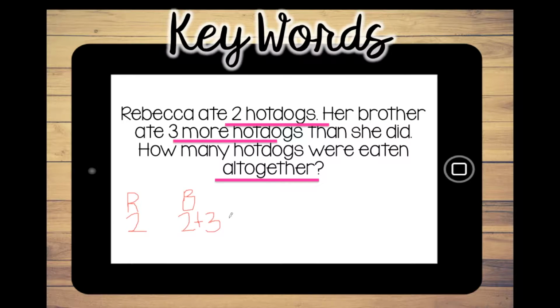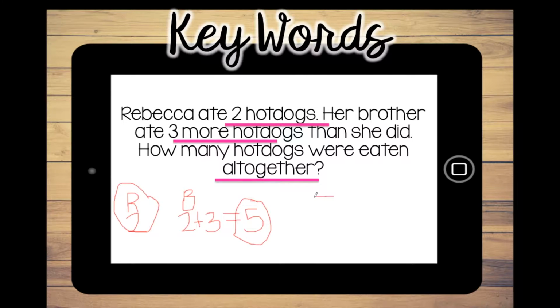But the question is asking us how many hot dogs were eaten all together. Not how many does brother have. How many did Rebecca and brother eat? So I have to find brother first. So I know brother has Rebecca's hot dogs, the 2, plus 3 more. 2 plus 3 is 5. Now, to find how many hot dogs were eaten all together, I have to add Rebecca's hot dogs and brother's hot dogs.